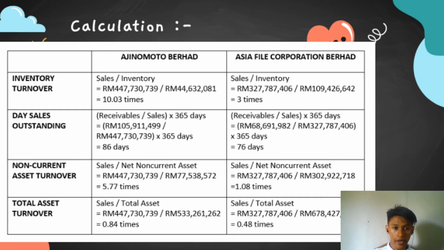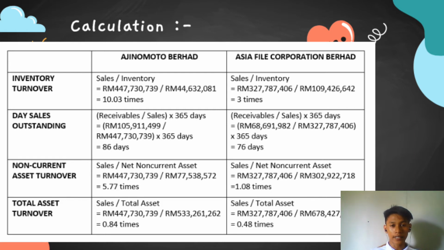Ajinomoto Berhad has sold and replaced inventory 10.03 times, then Asia File Corporation Berhad 3 times. So Ajinomoto Berhad is better than Asia File Corporation Berhad.